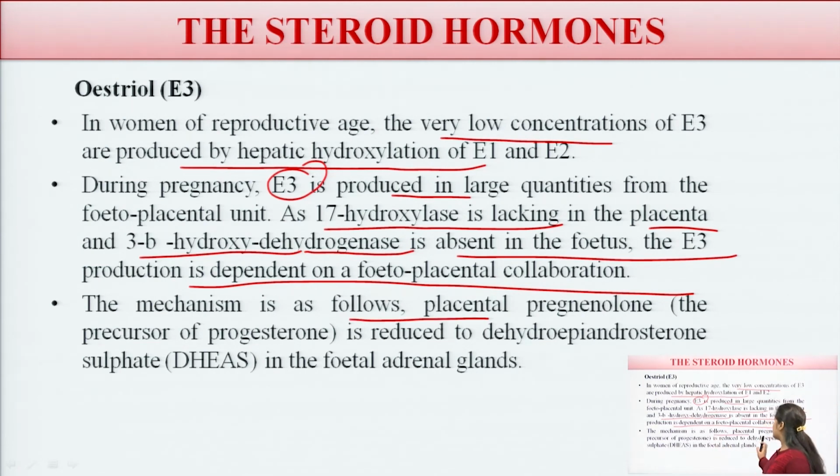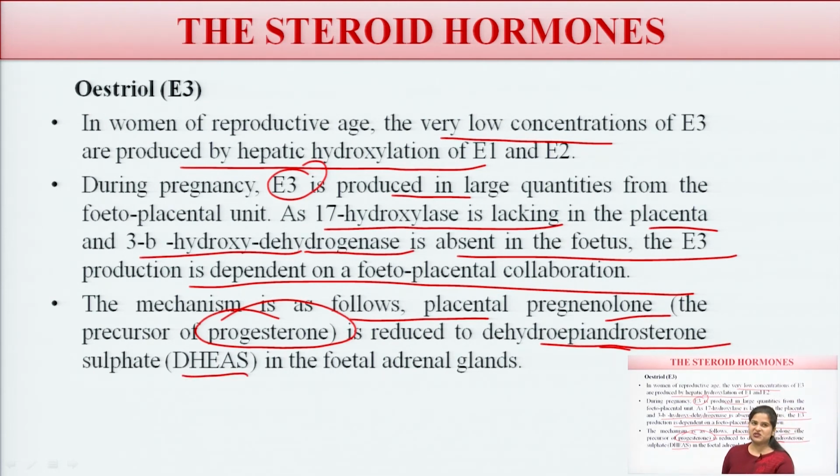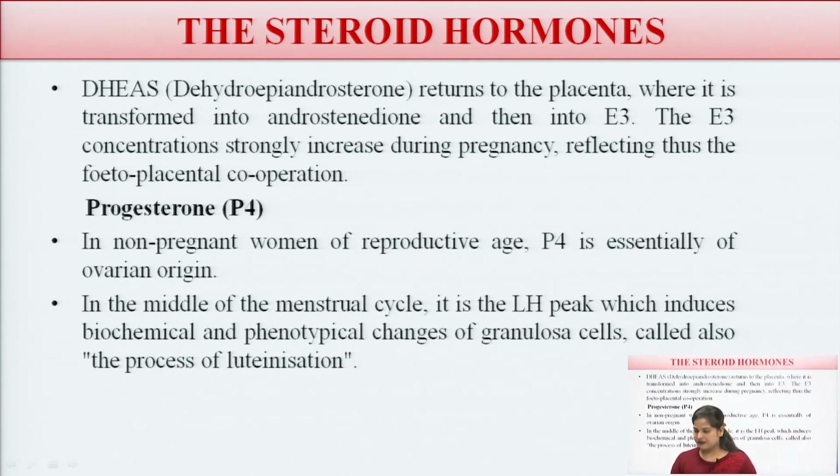This mechanism follows the placental pregnenolone, which is a precursor of progesterone, and it reduces the dehydroepiandrosterone sulfate. Okay, this is DHEAS in the fetal adrenal glands.